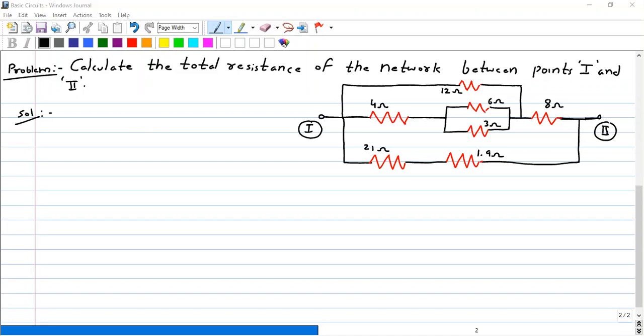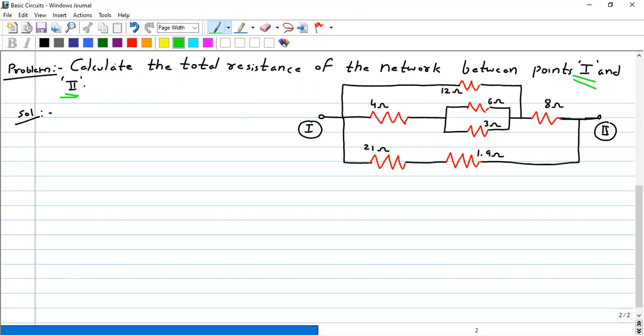Welcome, dear students. Today we are going to see a very simple problem where we need to find out the equivalent resistance of the given circuit. As you can see on your screen, we need to find the value of R equivalent, that is the equivalent resistance between the points 1 and 2.